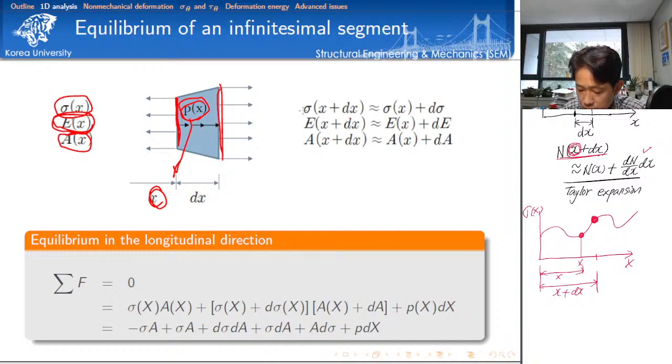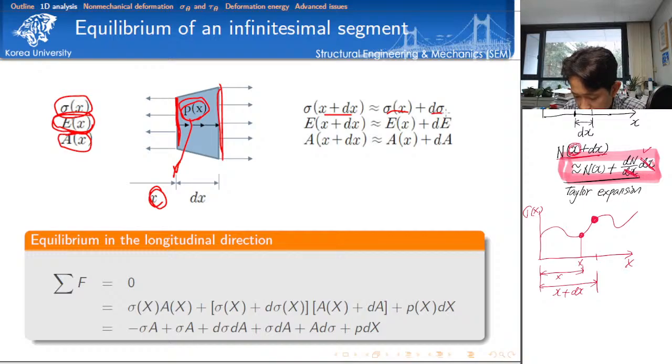By the discussion that we made just before for the internal force, the normal stress at this position, x plus dx, can be approximated by sigma x plus d sigma. So make sure in this equation, because we have dx and also dx, it is cancelled.